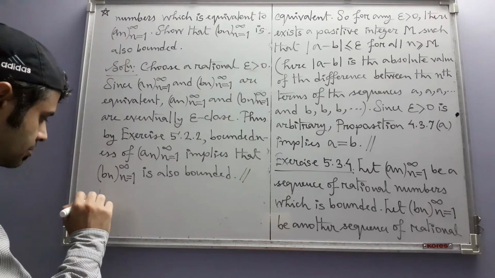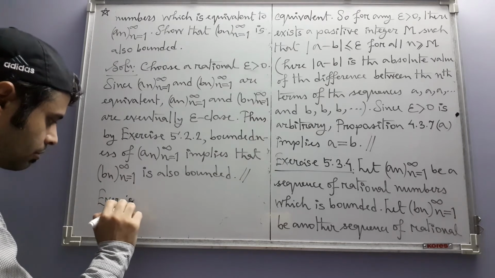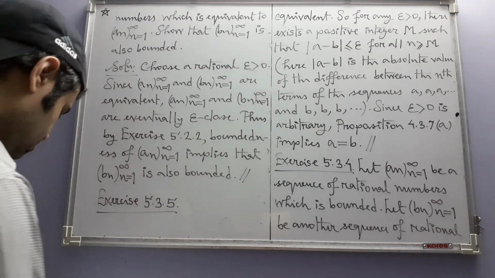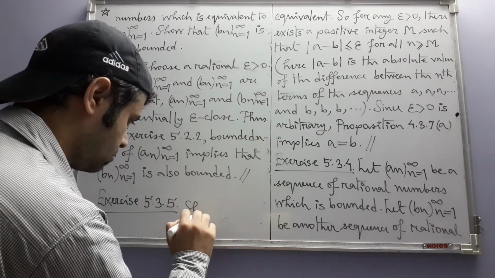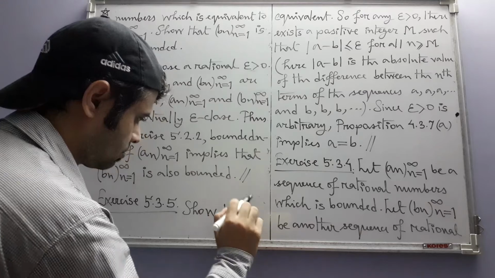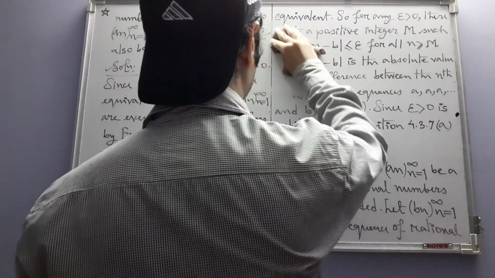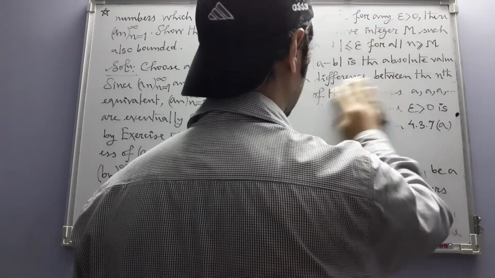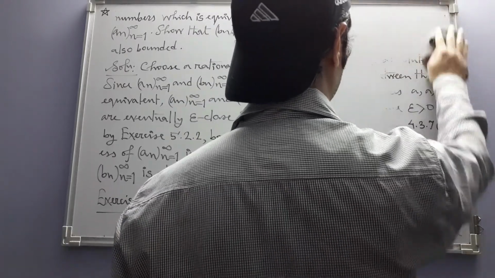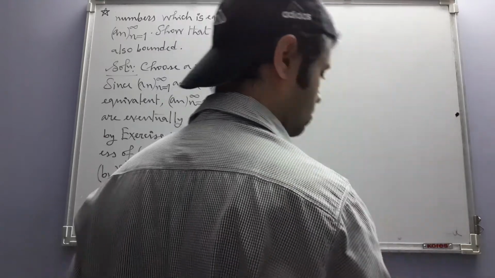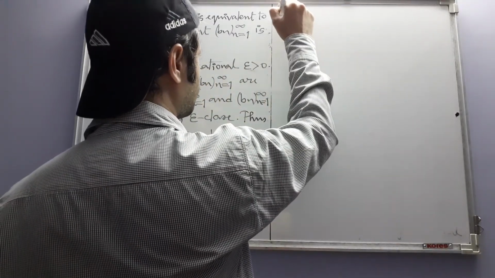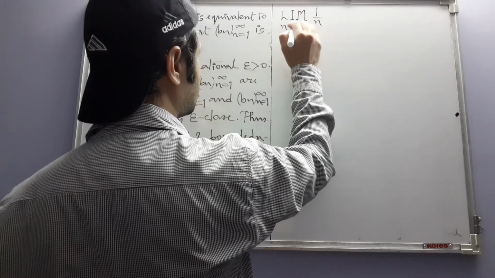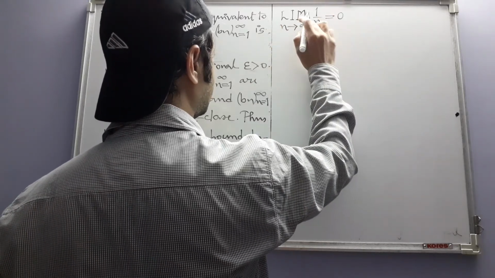And the last one is this. Show that the formal limit of the sequence 1 by n is equal to 0.